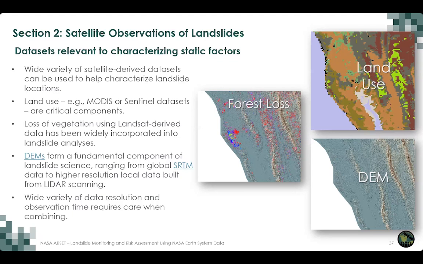So we have maps of slope from all over the world. We've typically relied on the Shuttle Radar Topography Mission data sets, but the newer NASA DEM data sets are also highly used in more modern research. This is a fundamental element where satellites have contributed one of the most important parts of landslide science.